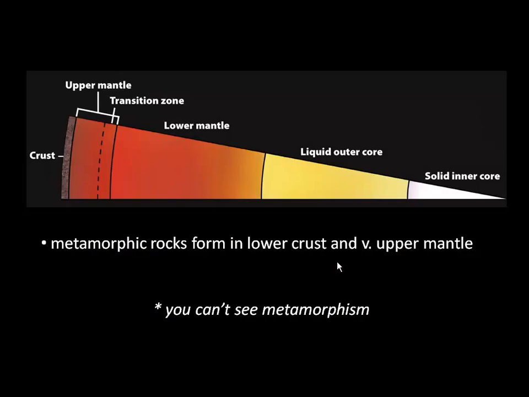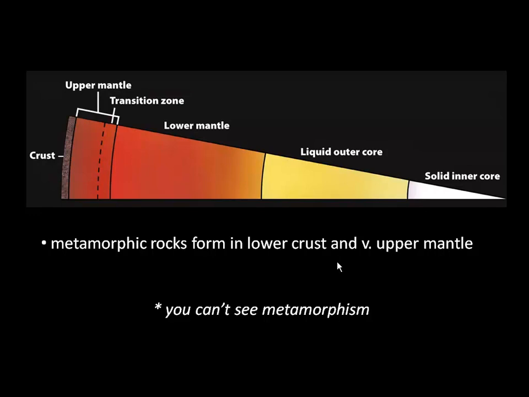Metamorphic rocks, unlike our sedimentary rocks, which we could see forming right at the surface of the earth, or at least we could see the sediment accumulation, you can't see metamorphic rocks forming by and large. They're forming under intense heat and intense pressure. They're going to be forming in the lower crust and the very upper mantle, where we have the conditions necessary for metamorphism to occur.